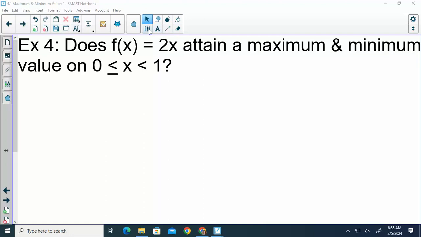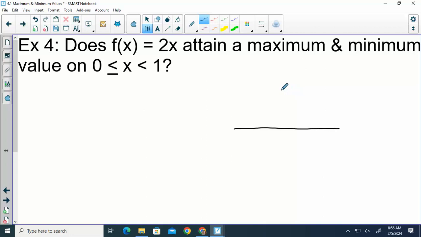What's 2x? Just a line. If we looked at that graph, you put in 0, you get 0. If you put in 1, what do you get? But because it doesn't have an equal to, it would have to be an open circle. So we're just taking a portion of a line.